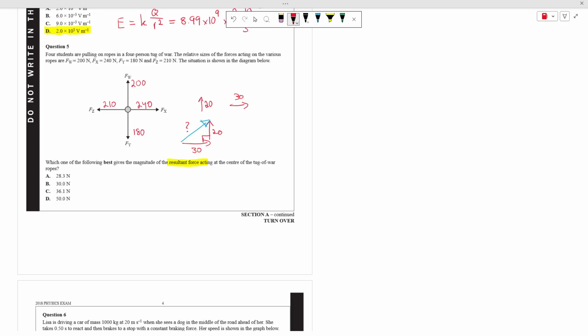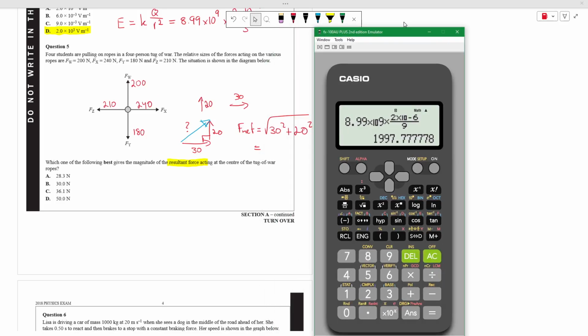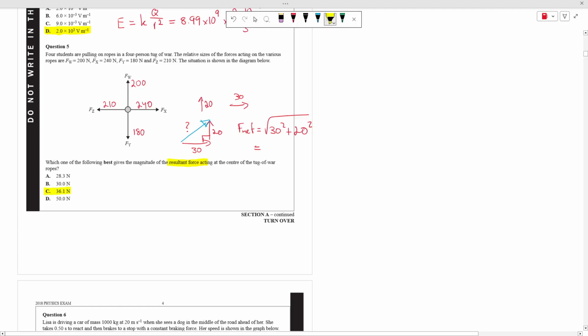So that unknown net force is equal to the square root of the other 2 sides squared. And quick calculation, let's have a look. So square root of 30 squared plus 20 squared. There we go, close to 36, 36.1. So we're going to say that's option C.